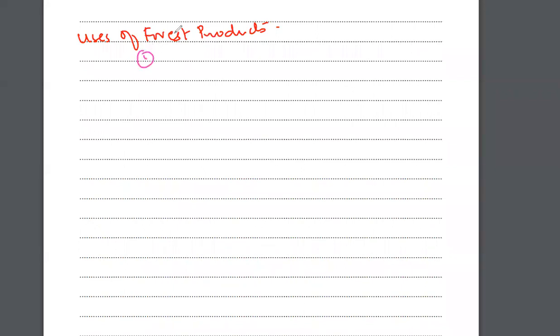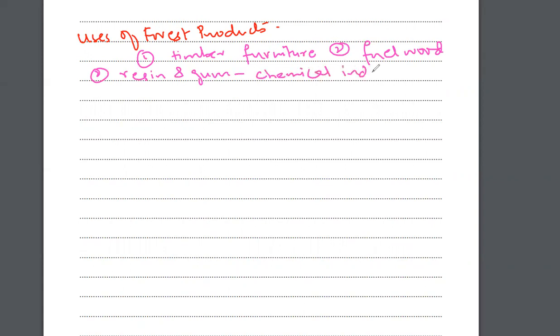So, first thing, timber for furniture, then fuel wood, then it provides resin and gum used in chemical industries.